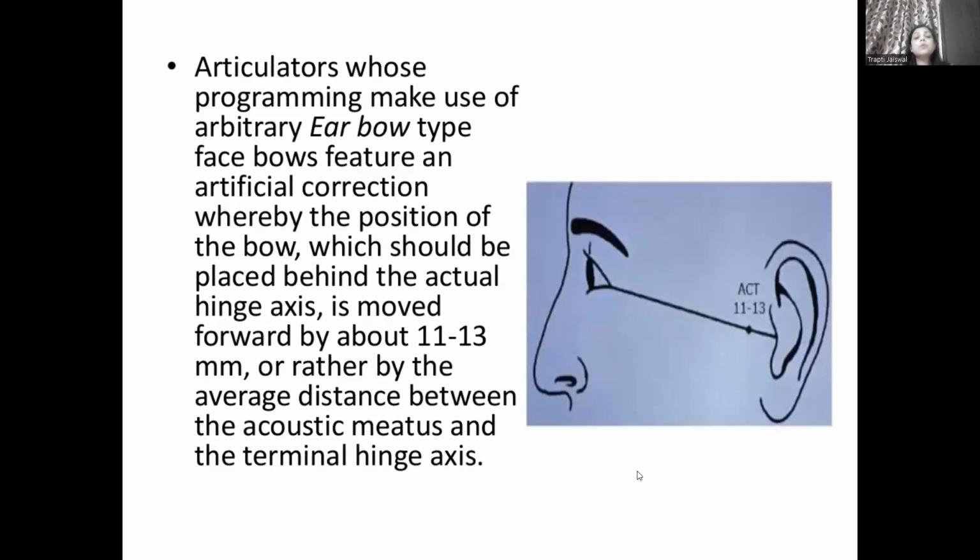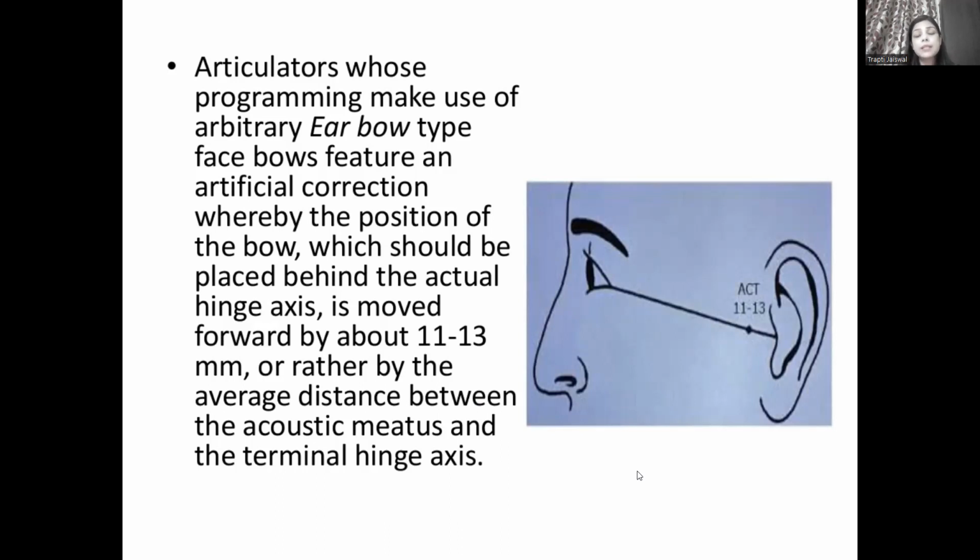One thing we should keep in mind is that there is a compensation given in the articulators which use the earpiece type of facebows, because that is not the exact position for the posterior reference point.